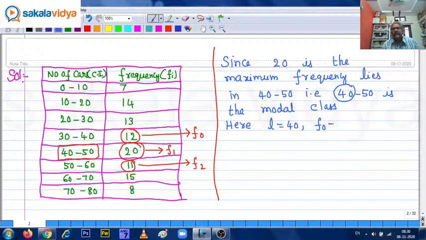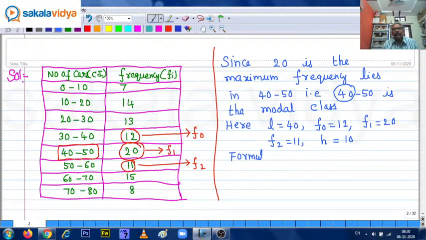F0 is equal to 12, F1 is equal to 20, F2 is equal to 11, H is equal to 50 minus 40, which is 10. Now the formula.